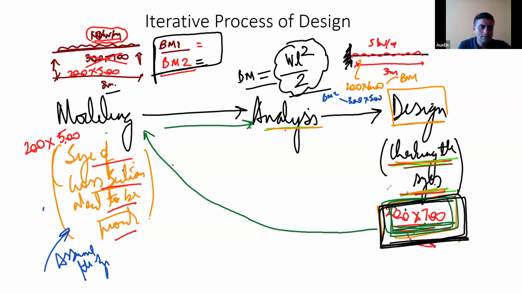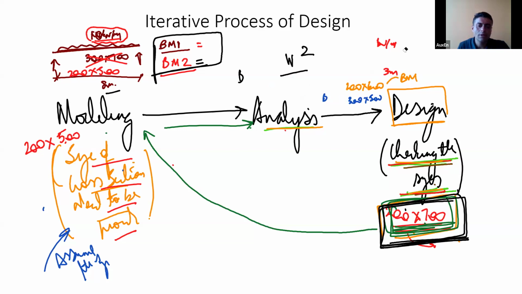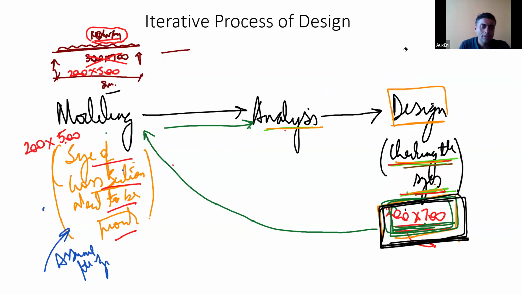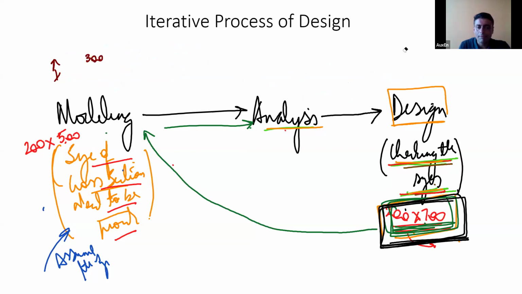Okay, I'll take another example. Mr. Rishabh is saying in software it will change. What are you saying? If you take a cantilever beam in software and change the cross section, the moment will change. Again, I am not talking about the moment due to self weight. It will obviously change because the self weight changes.